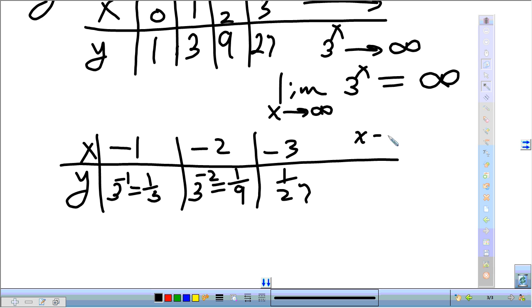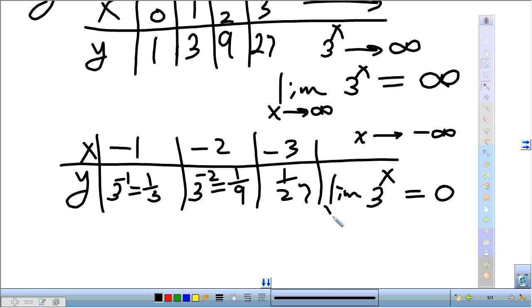So the observation is that if we let our x become a very large negative number, minus 1, minus 2, minus 3, minus a million, minus a billion, we're observing that 3 to the x is becoming smaller and smaller, and so closer and closer to 0. So we see a limit for negative values becoming extremely large of 0 for 3 to the x.